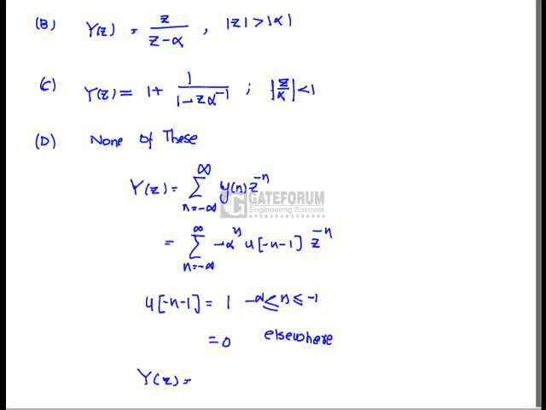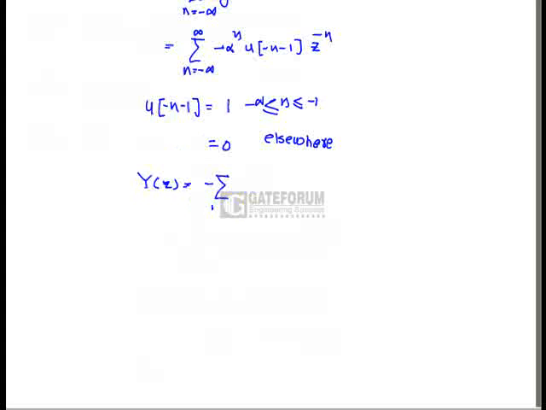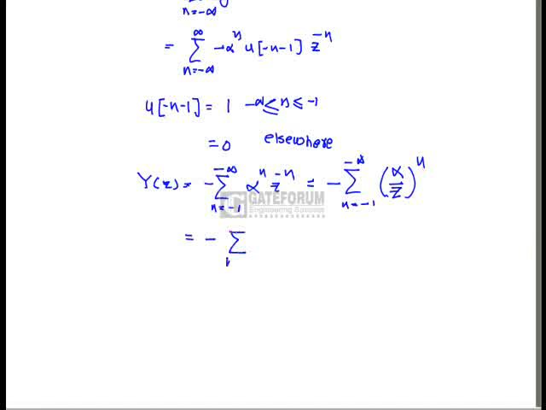So Y of z equals the summation from n equals minus 1 to minus infinity of minus alpha power n z power minus n, which is minus the summation from n equals minus 1 to minus infinity of (alpha by z) whole power n. If we change the sign of n, it becomes the summation from n equals 1 to infinity of (z by alpha) power n.